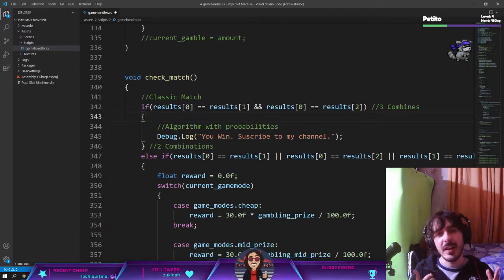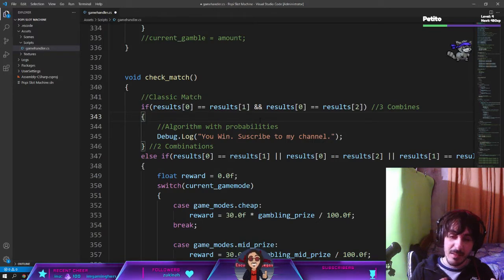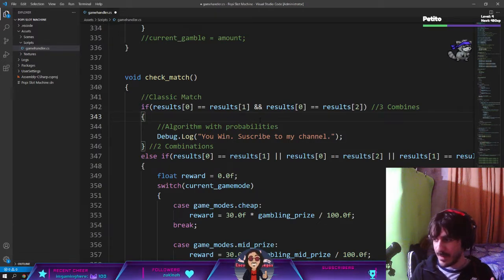I need to count how much money the machine has, and when the machine gives money, the machine needs to count how much money it now has. So the machine can work with different probabilities and give different prizes depending on those values. That is why it's so important.